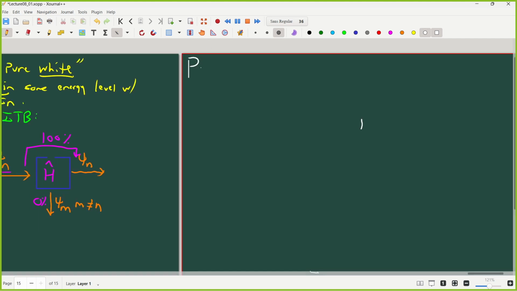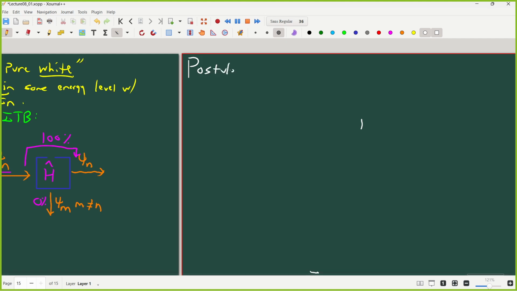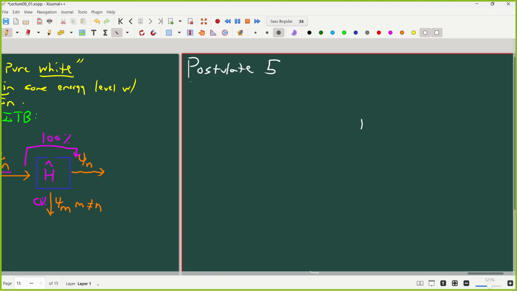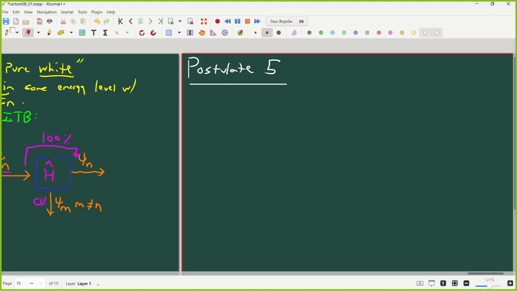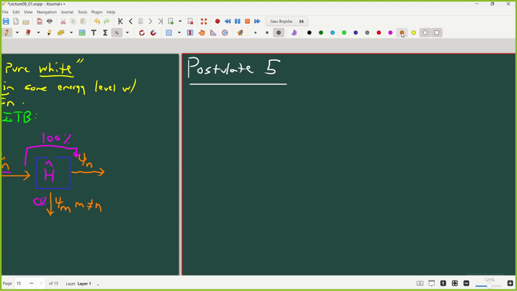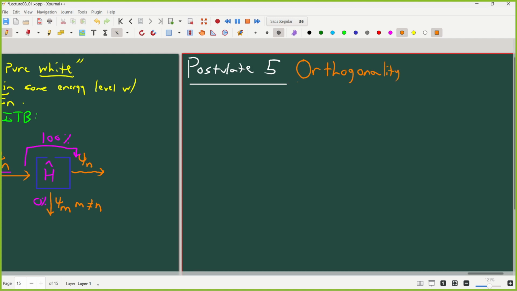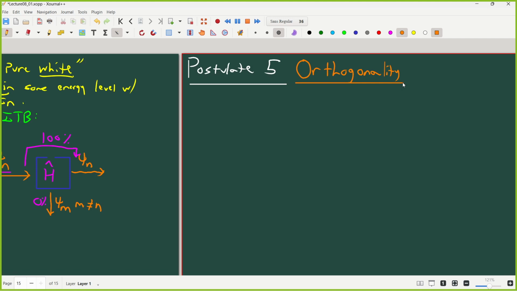So this next postulate, we're going to use a different term that I've never used before, but it's an important one. Called orthogonality.